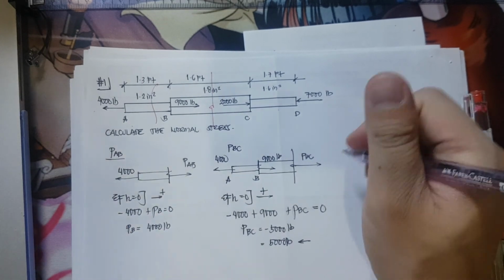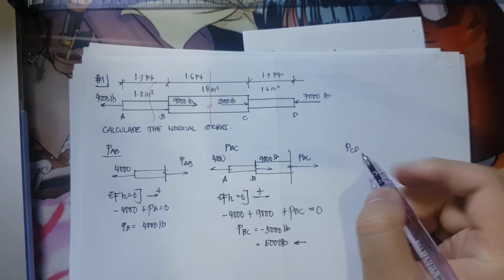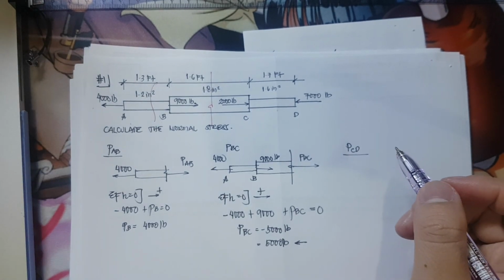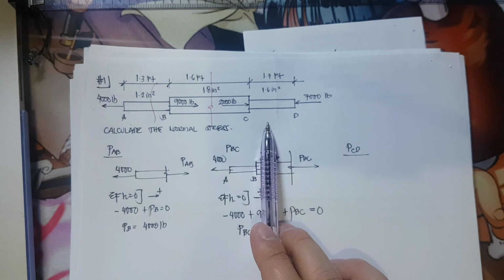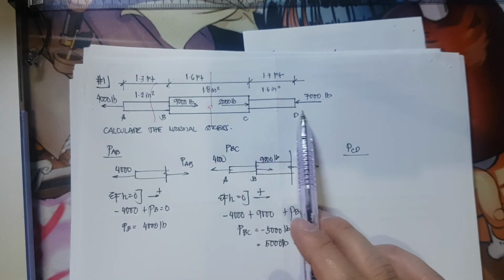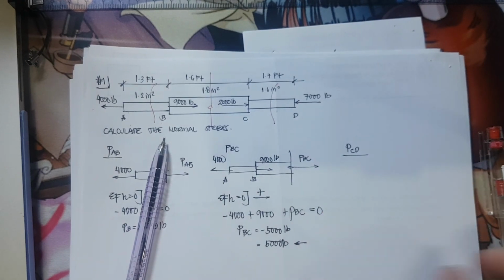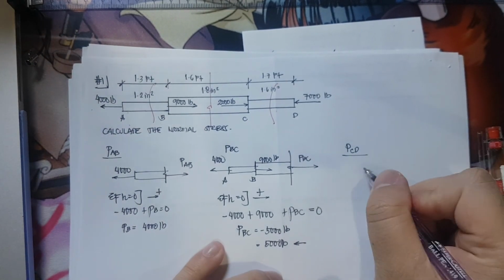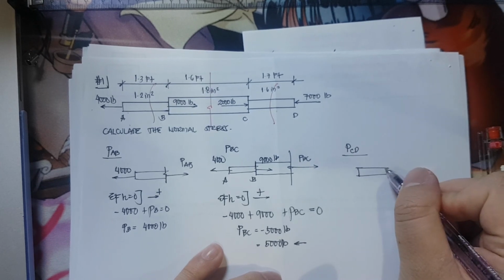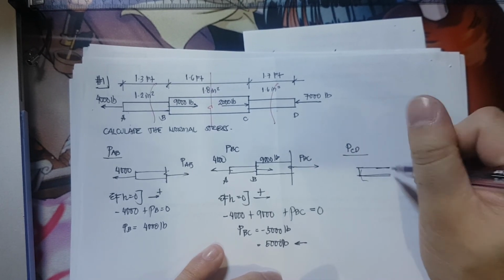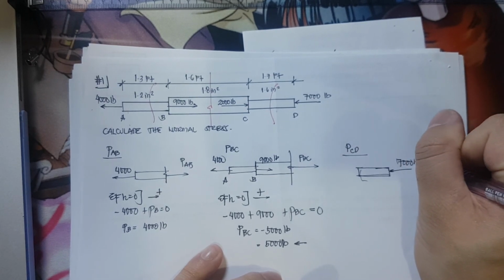Okay, so the next thing I need to solve would be the PCD. The thing is, if I am going to have it from this point to this point, it is quite long. So it's better if I start here, then I will cut my section at this point. Redrawing the free body diagram, this would be the free body diagram. You have here 7,000 pounds.